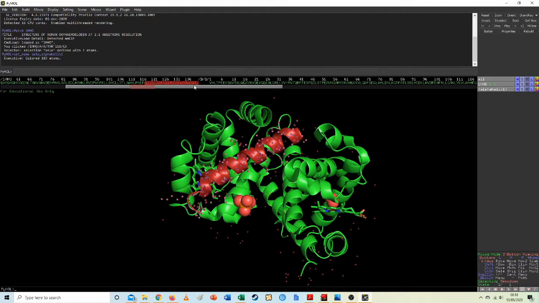Now that polypeptide chain is then linked non-covalently to another polypeptide chain, and both of these polypeptide chains together, interacting through ionic bonds, van der Waals attractions, and probably some disulfide bridges, are linked together.